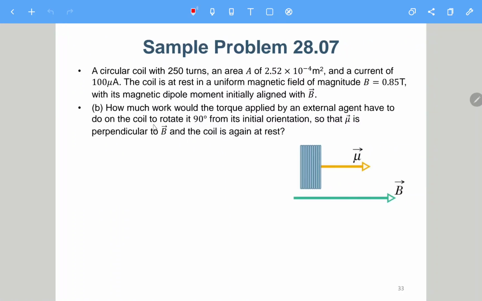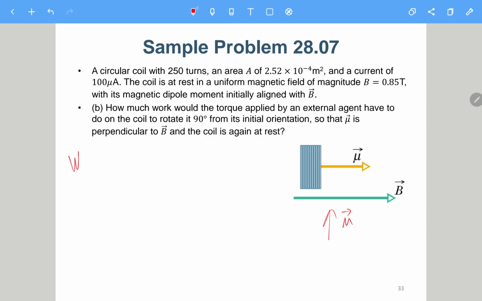For part B, how much work would the torque applied by an external agent have to do on the coil to rotate it 90 degrees from the initial orientation? So we rotate it to point upward or downward, 90 degrees from its initial orientation, so that mu is perpendicular to B and the coil is again at rest.